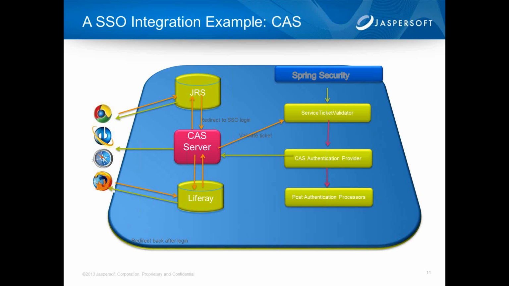Okay, that's another good question. We focused on Liferay and CAS. Out of the box, we support other things like SiteMinder. But if you have your own authentication system, like you built it yourself, or it's part of a framework that we don't specifically support, you can still get support by adding your own authentication provider, and that's all through the Spring Security Framework.